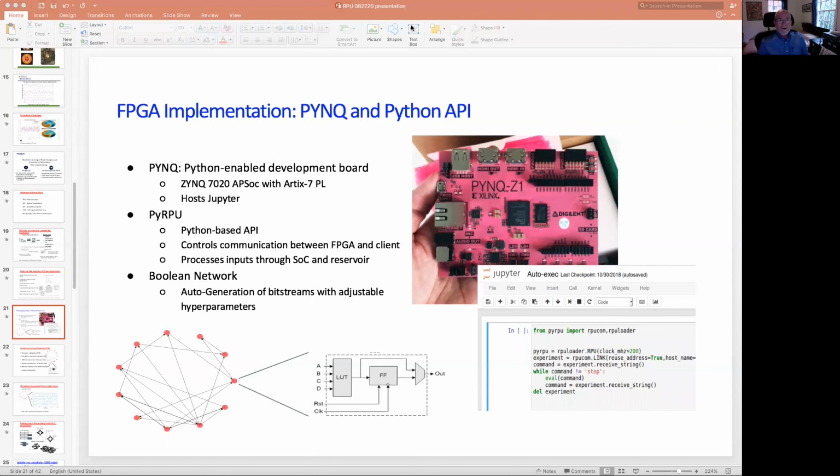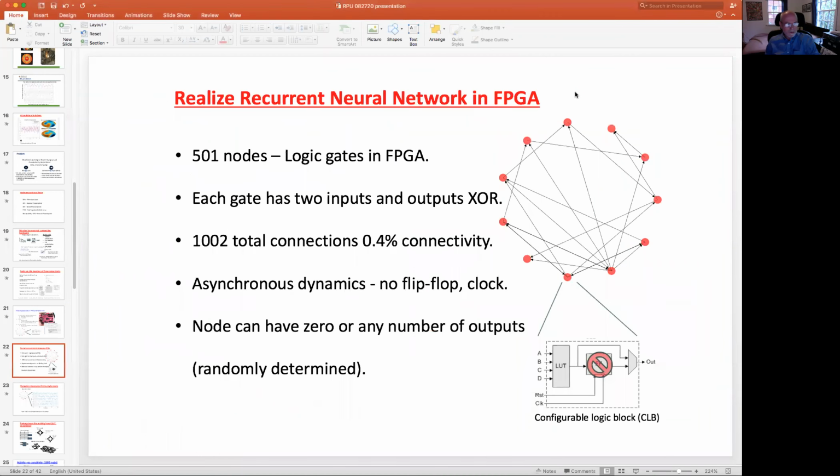So we're going to go forward and look at the overall performance of a large number of logic gates in the system. To start with, we're just going to build a 501 node array of 2 input logic gates on the FPGA. This is originally work of Itamar Shani in my group.